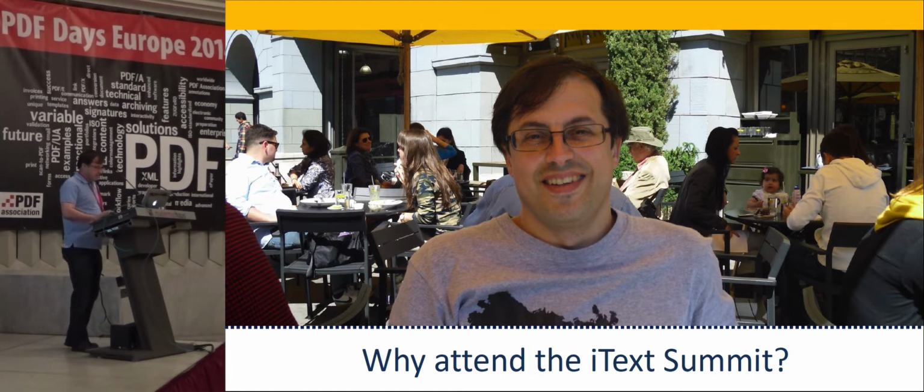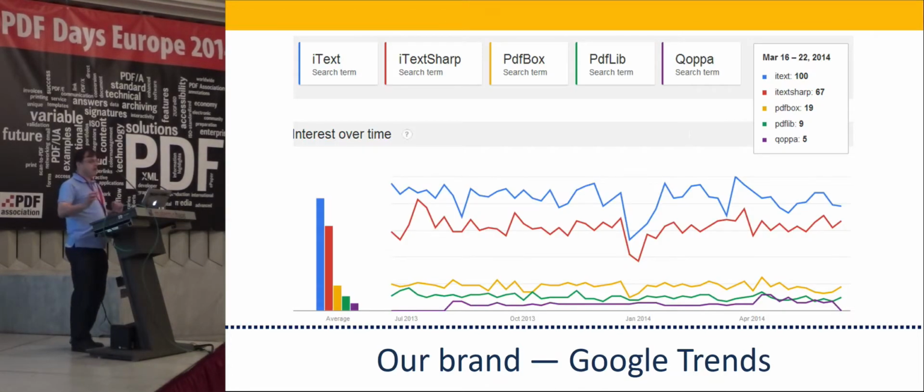Well, because we're one of the strongest brands in the PDF world. This is a screenshot from Google Trends. If you go to google.com/trends, you can enter several keywords. When I enter iText, iText Sharp, PDF Box, and so on, I see how many people are actually searching for those keywords.